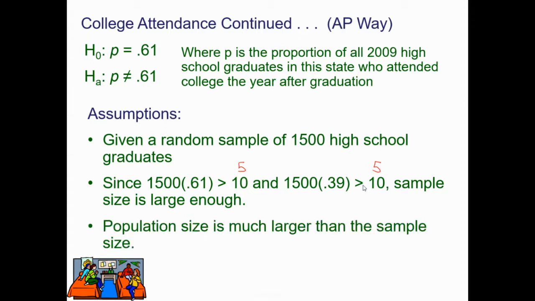And then population size is much larger than the sample size. I mean, I would hope that there's more than 15,000 high school graduates in the nation.